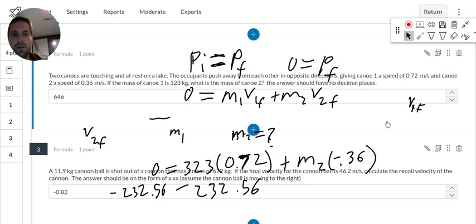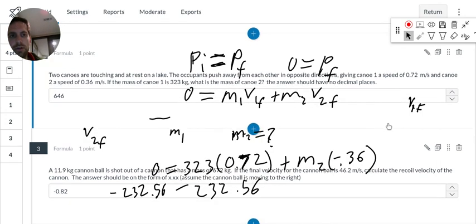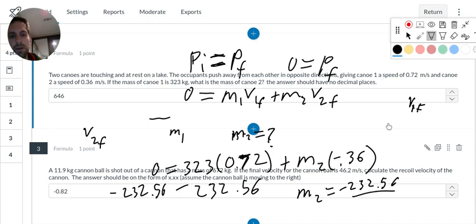And here, I'm going to simplify this, and M2 will be negative 232.56 divided by negative 0.36. The negatives are going to cancel here because they're divided. I should get 232.56 divided by 0.36.